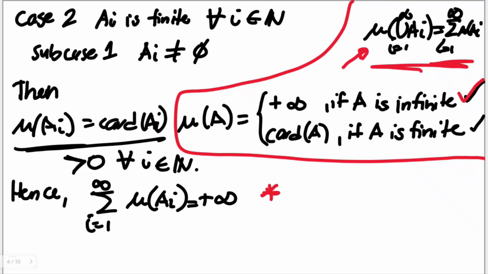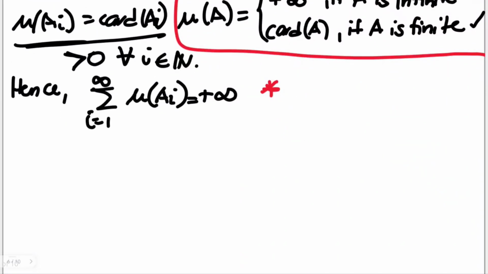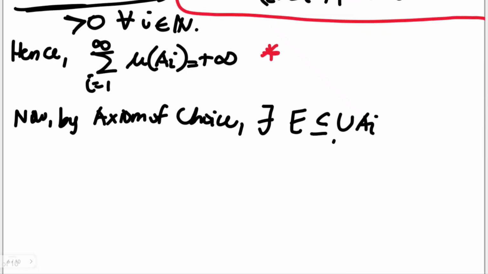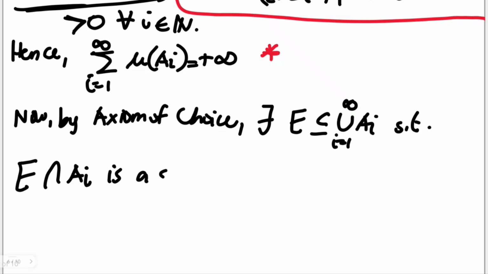We're going to show that they are equal, so we will be introducing this portion now. According to the axiom of choice, which we also presented in a previous video, there exists a certain E, which is a subset of the union of A sub I, where I starts from 1 to infinity, such that the intersection of E and any A sub I is a singleton set for all I element of integers.